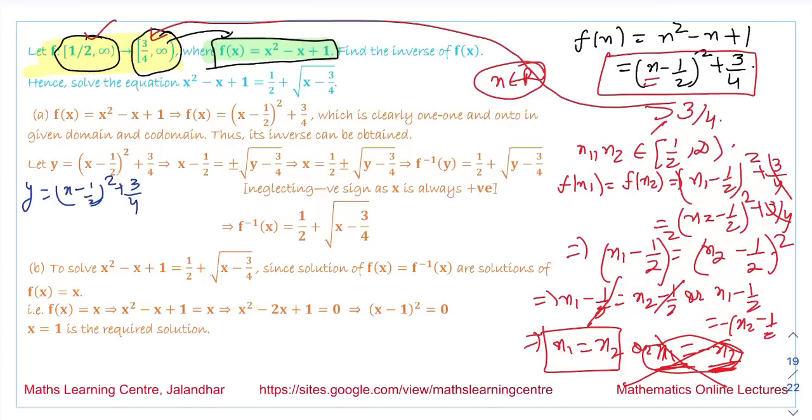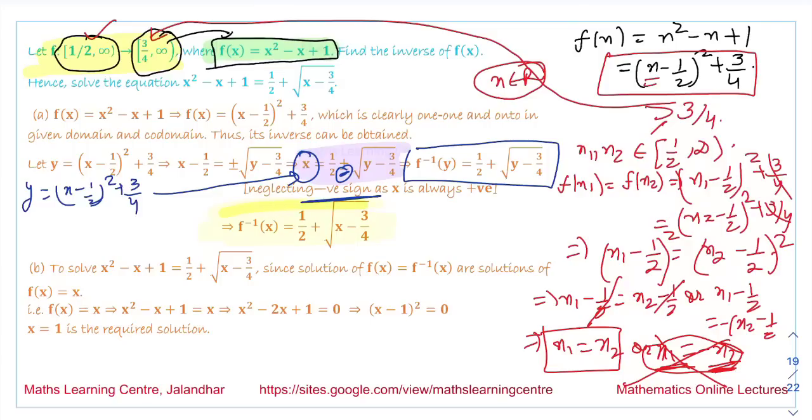So on solving this we obtain the value of x is equal to 1 by 2 plus minus square root of y minus 3 by 4. The value of x can never be negative, so we ignore this negative sign over here. So the value of f inverse of y is equal to 1 by 2 plus square root of y minus 3 by 4.